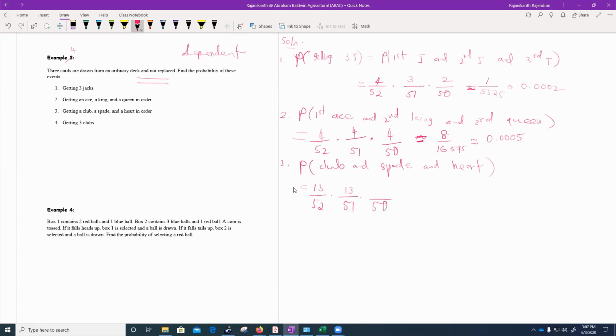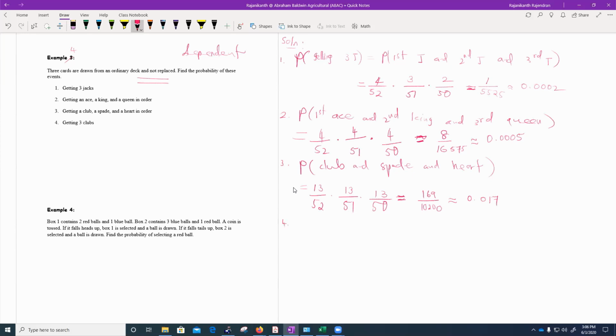All the hearts are there inside, so again it is going to be 13. So only the denominator will keep on decreasing because you are not replacing. When you simplify this answer, you should get 169 over 10,200. If you round this to three decimal places, you will get 0.017. Okay, so make sure that you are getting these numbers correctly.